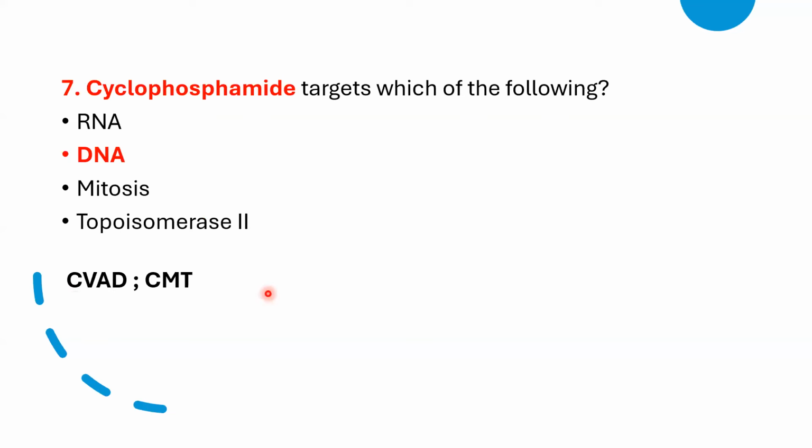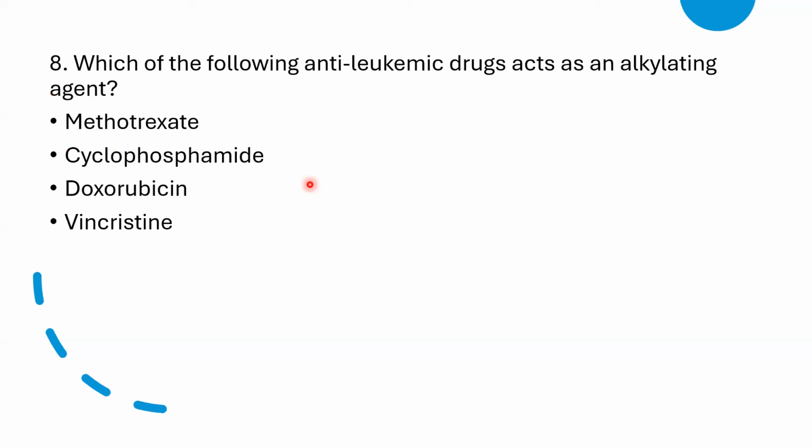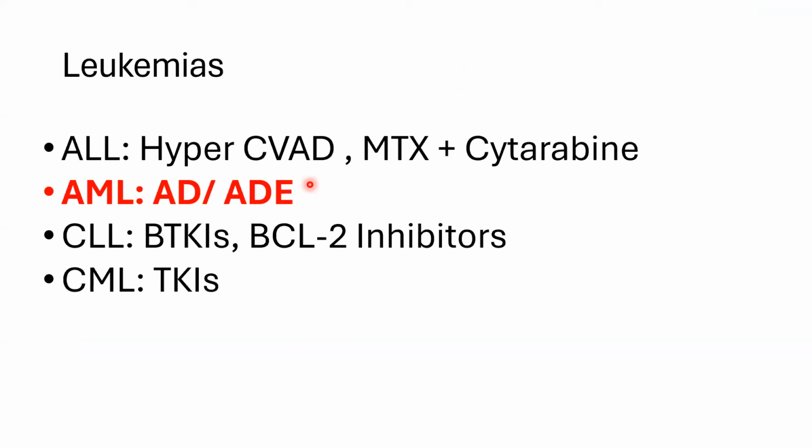So does it work on mitosis? No, that's vincristine. Does it work on topoisomerase? No, that's adriamycin or doxorubicin. The cross-linking that it works on as an alkylating agent is on the DNA, obviously. Also basic recall: if they ask you which of the following acts as an anthracycline, then it's doxorubicin, okay?